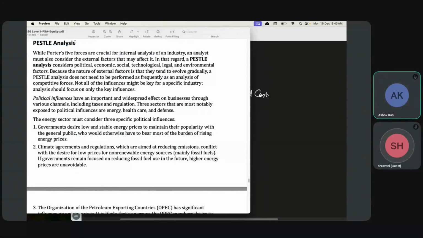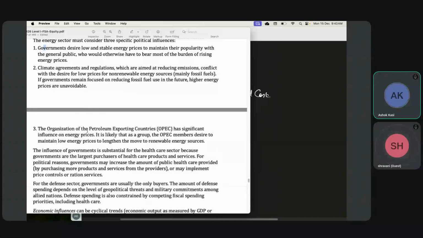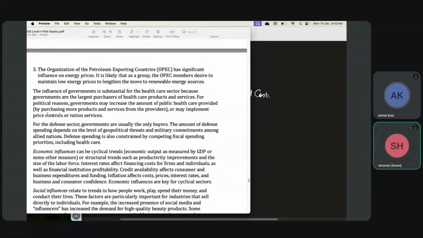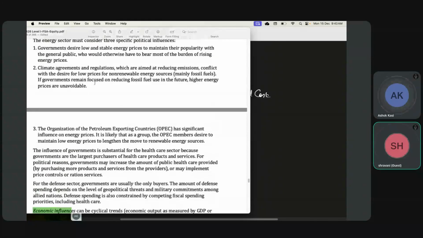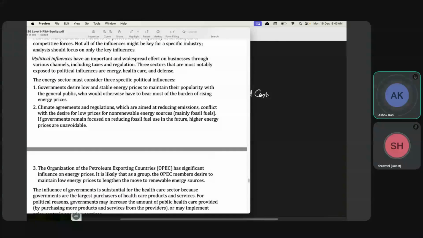Then PESTLE analysis. PESTLE analysis, again, this is just a short form. P stands for political influences.